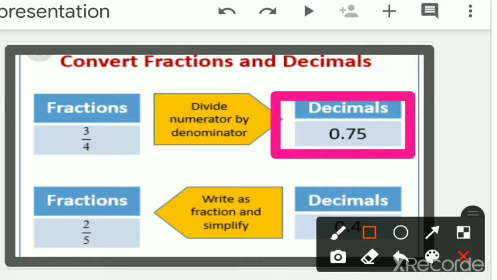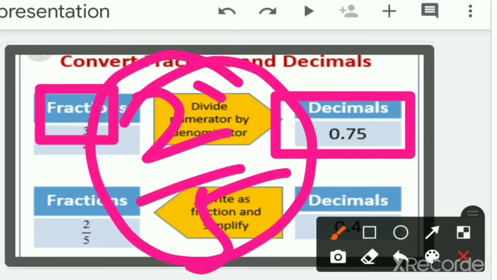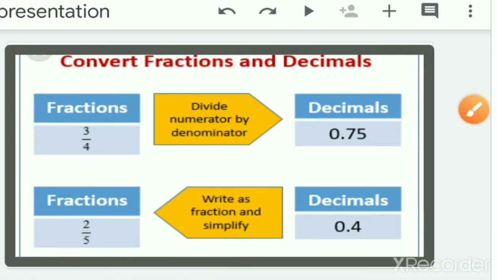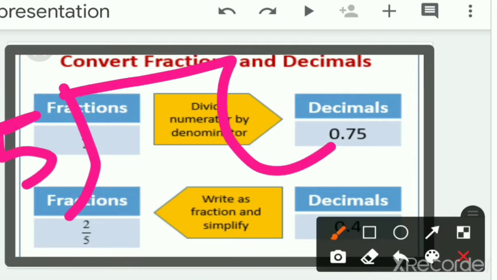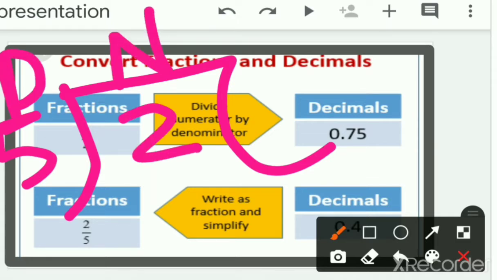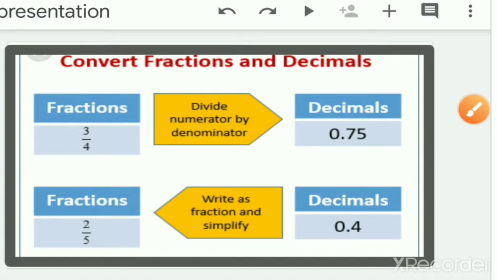Same way you can represent 2 by 5, by dividing 2 by 5, because this is the denominator and this is the numerator. We put the point here and add a 0. 5 4s are 20. 20 minus 20 is 0. So we have our answer, 0.4.